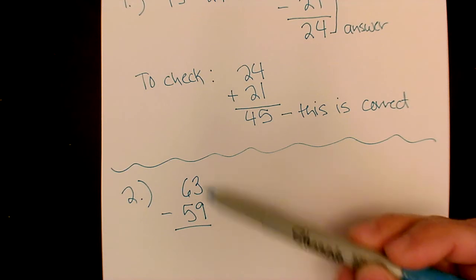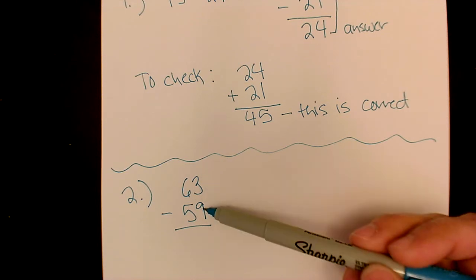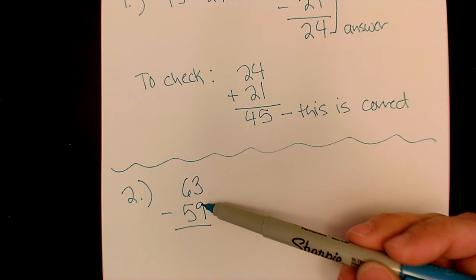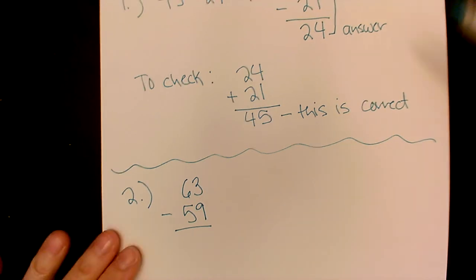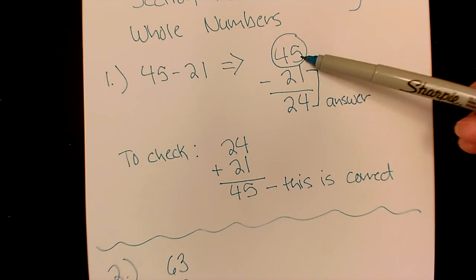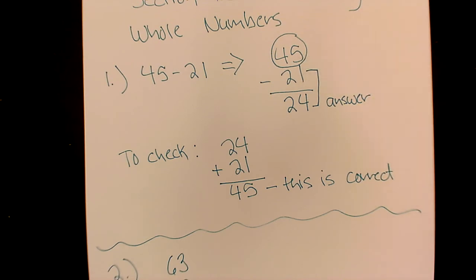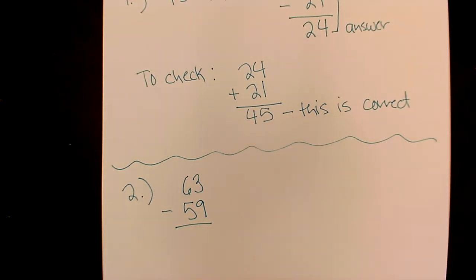Let's look at the column to the right. Can I take 9 away from 3? I cannot, I don't have enough. So in the prior problem, I could take 1 away from 5. I had enough. But here, I don't have enough.